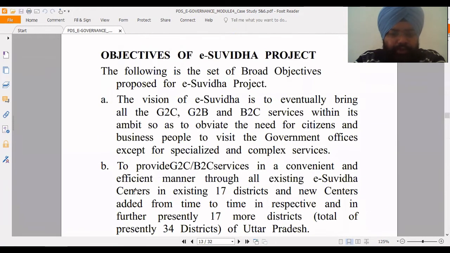Now, coming to the objectives of the e-Suvidha project. The following is the set of broad objectives proposed for the e-Suvidha project.